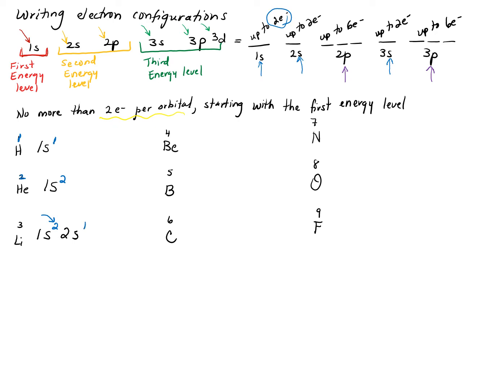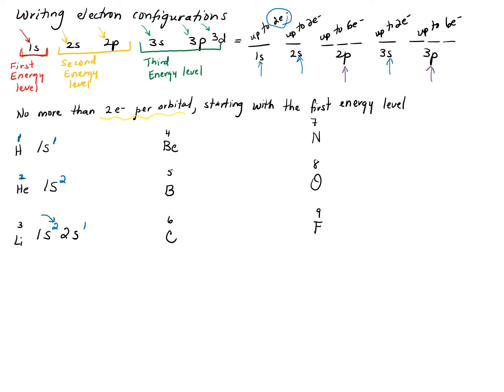So on that s orbital on the second energy level, you have just 1 electron for lithium, and that gives you a total of 3 electrons. 2 in the s orbital on the first energy level, 1 in the s orbital on the second energy level. So now we move to beryllium, element number 4.